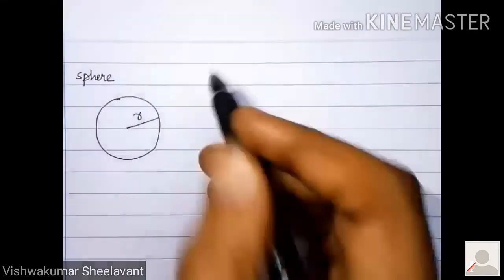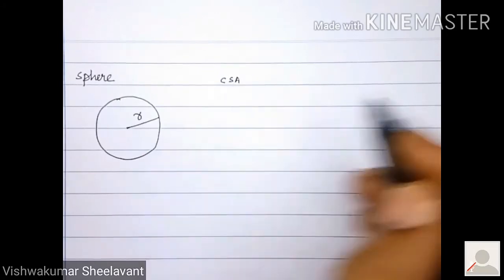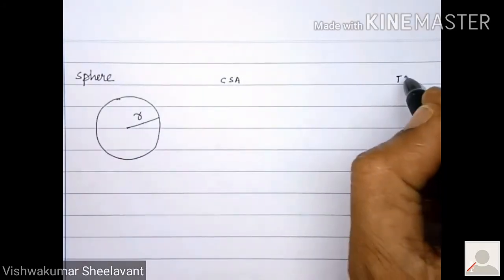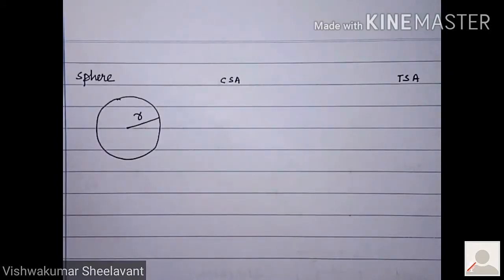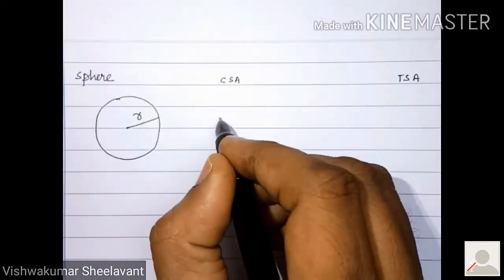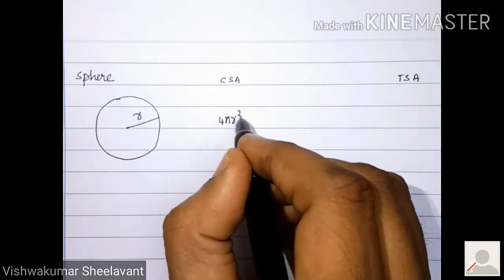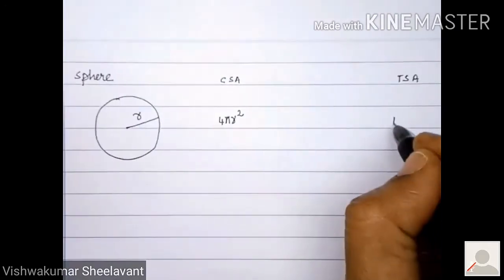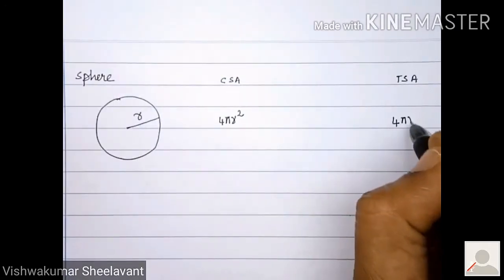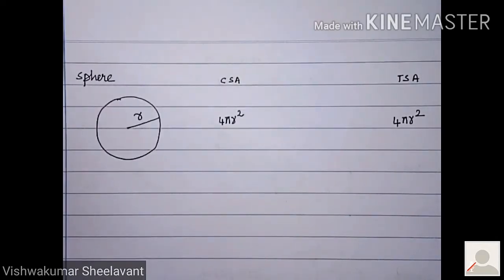Okay. CSA is equal to TSA, and that CSA is given by 4 pi r square. So TSA is also equal to 4 pi r square.